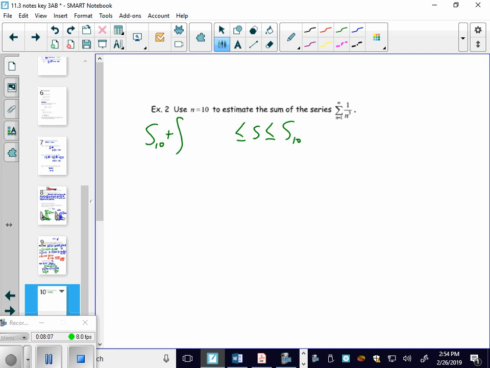I know it's going to be difficult because I've got s's and integrals in the same thing here. The integral of n plus 1, well, n is 10, so n plus 1 is 11, to infinity of our function dx. And this one is the integral from n to infinity, so 10 to infinity of f of x dx.